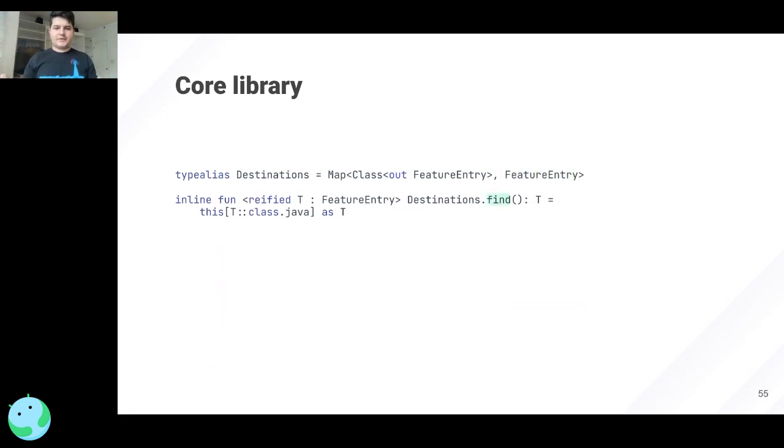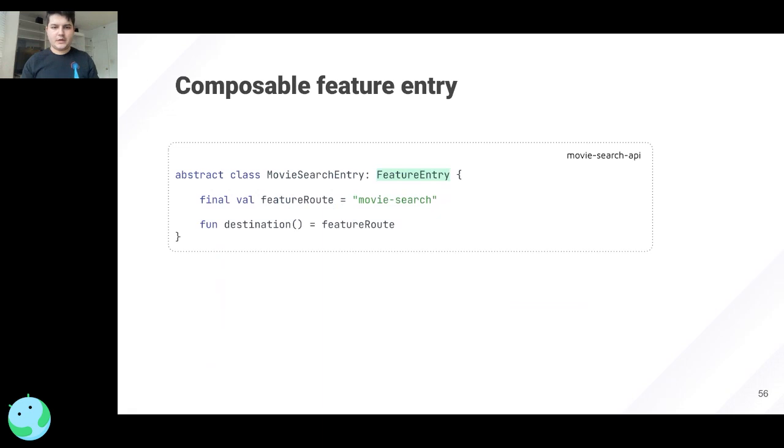For example, if we need to navigate to a specific feature in our application, we can just specify the type of the feature we need, and then we can use it. We'll definitely discuss it later, but just for the explanation of what destinations is, right?